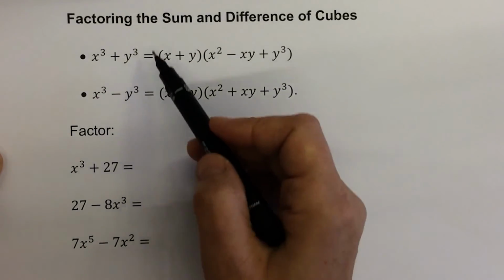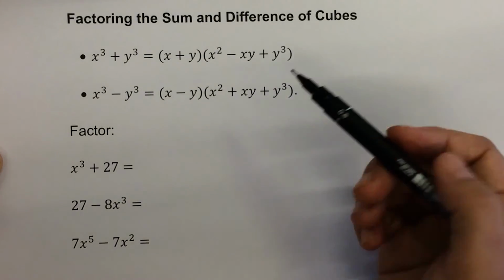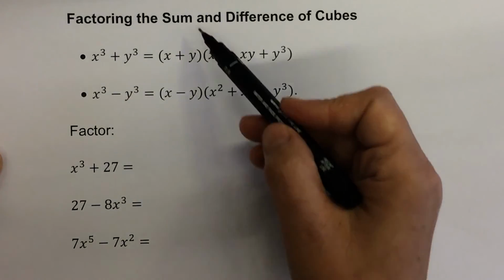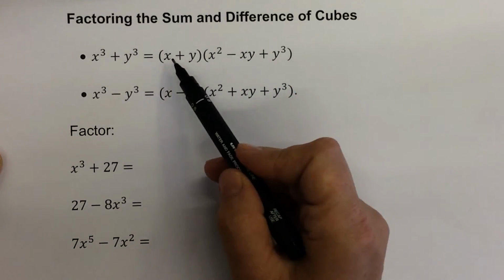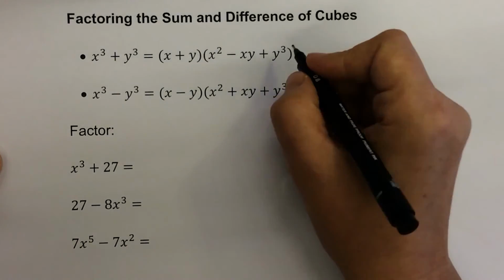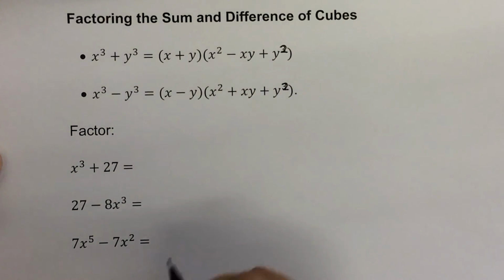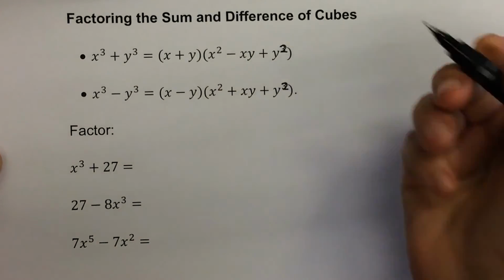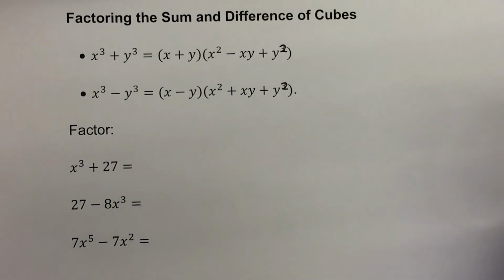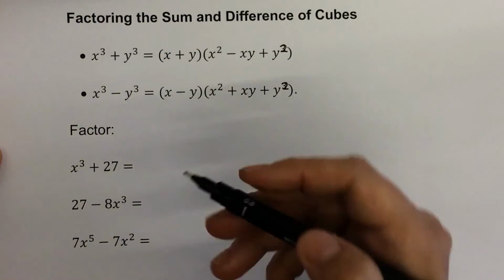So basically you had a sum or difference of cubes and you reduce it to some linear factor, linear, that is everything to the power of 1, and some quadratic expression as well. That's a mistake, that should be 2 squared, obviously. Okay, let's apply these formulas to those examples.